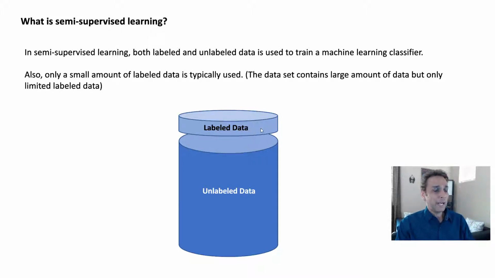Now, the primary use of this, like I just mentioned, is using a small amount of labeled data to create a classifier that is much better than a classifier trained only on that small amount of labeled data. What do I mean by that? Let's look at a simple example of the MNIST dataset.